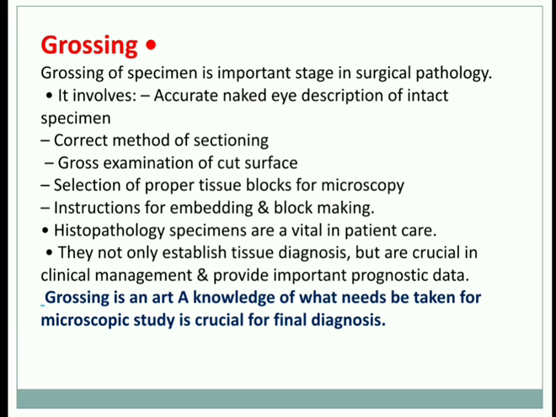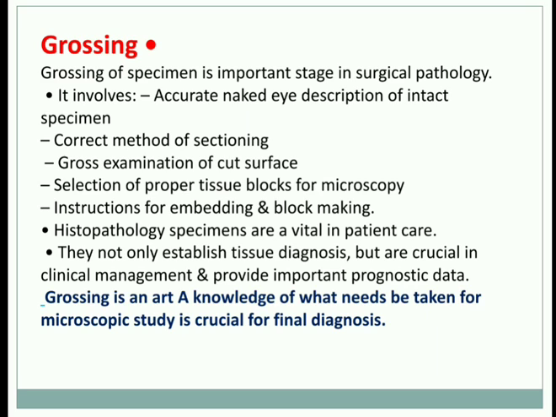After a specimen is brought to the lab, the next process we do is grossing. Grossing of a specimen is an important stage in surgical pathology. It involves accurate naked eye description of the intact specimen, correct method of sectioning, examination of the cut surface, and selection of proper tissue blocks for microscopy.